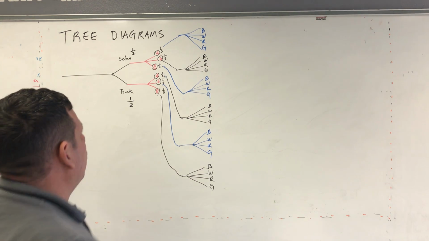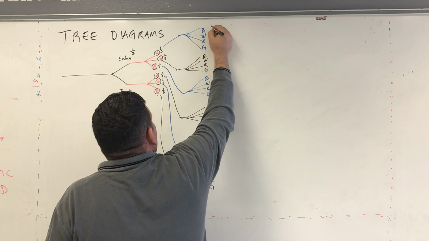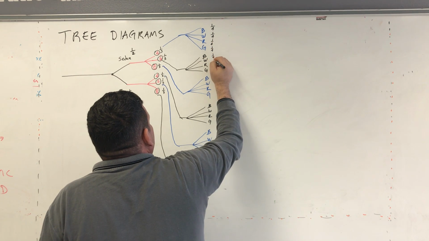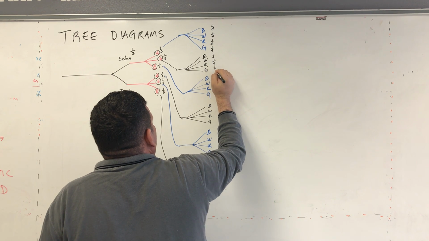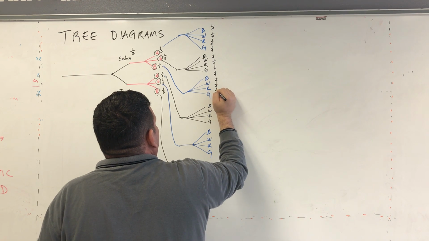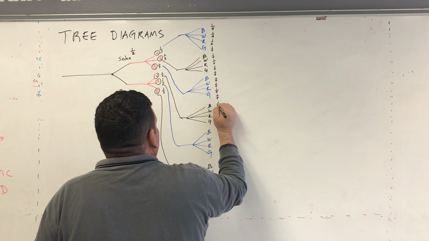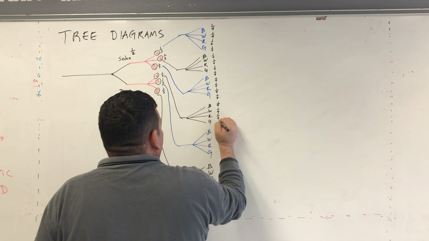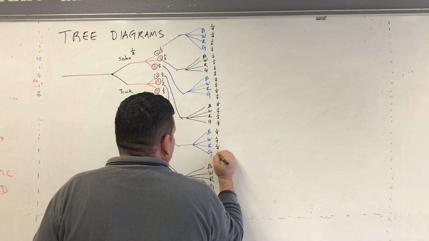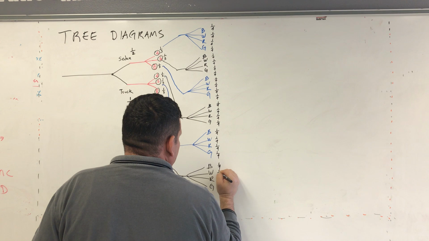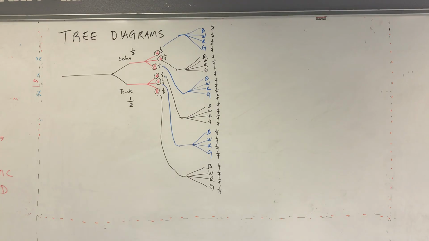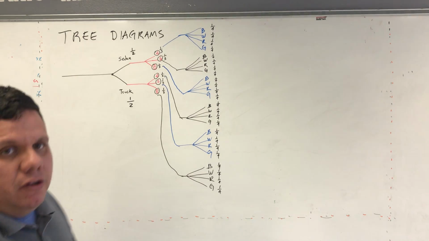Since we have only 4 options, I'm gonna write 1/4 for all of them. 1/4, 1/4, 1/4, and we repeat the same over and over. One-fourth and 1/4.